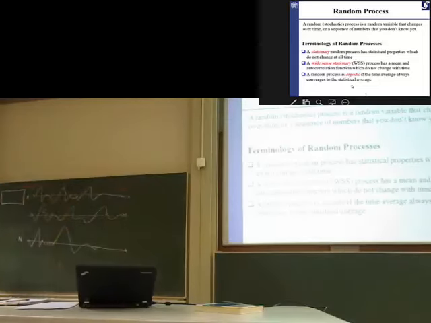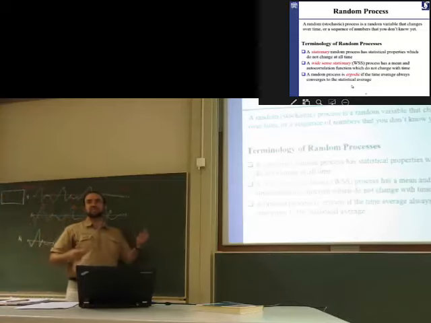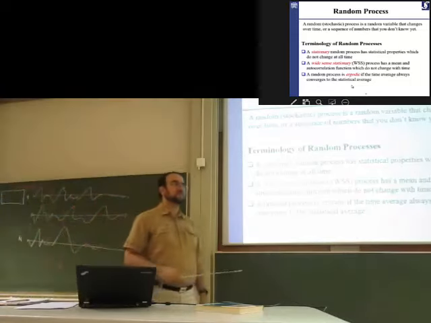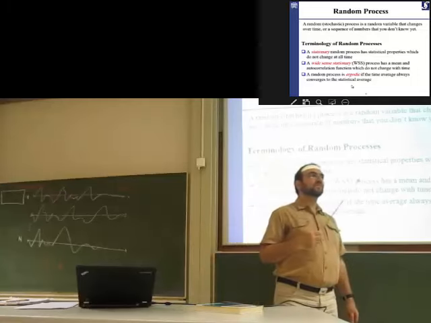Did you get it? So we call a process mean ergodic when the mean of the ensemble variable and the mean of the time variable are the same. Then it's called ergodic. So we can have an ergodic wide sense stationary process. Did you get it? Any questions?